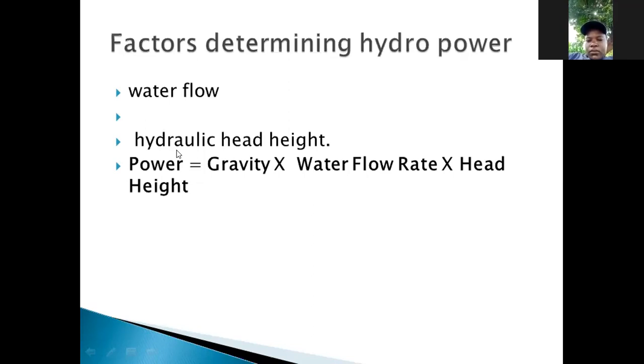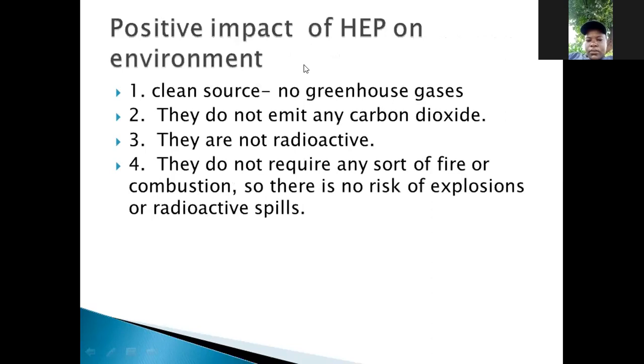That difference in height should be large enough to ensure that there's enough mechanical energy to produce a feasible amount of electrical energy. So hydroelectric power will be given by gravity multiplied by the water flow rate multiplied by the head height. So you need to understand those terminologies.